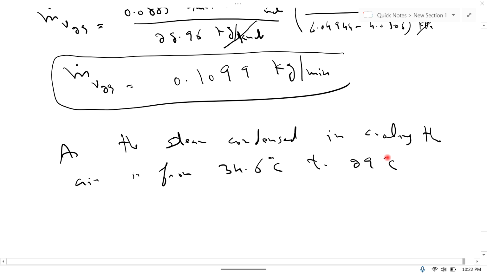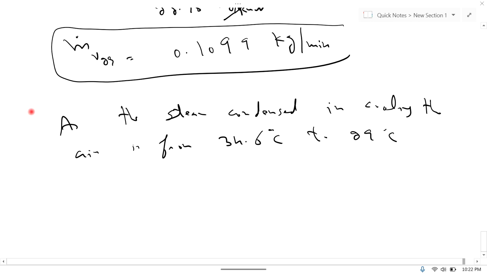So mass flow rate of air condensed is equal to mass flow rate of vapor at 34.6 minus mass flow rate of vapor at 29 degrees centigrade.